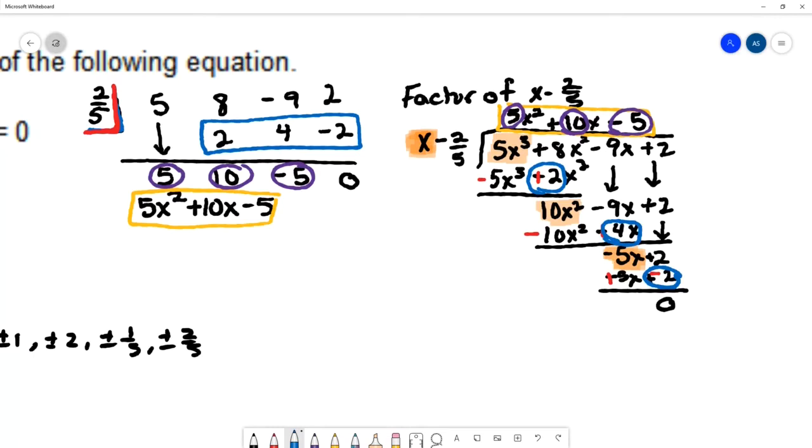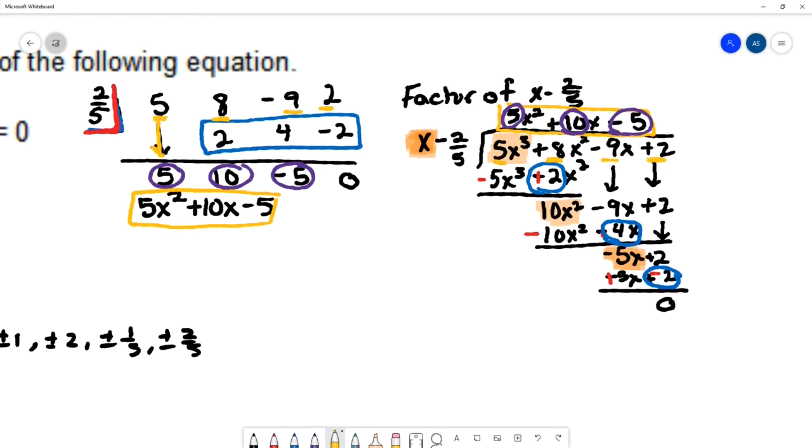So the synthetic division, what it does is it just takes away all of those variables and only focuses on the coefficients. So just to go back to the synthetic division for a second, the process is that these coefficients come from here.